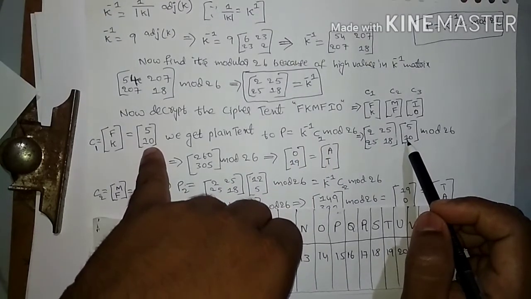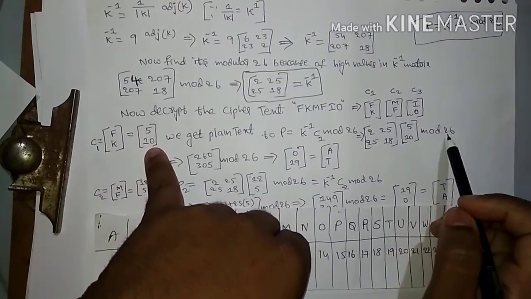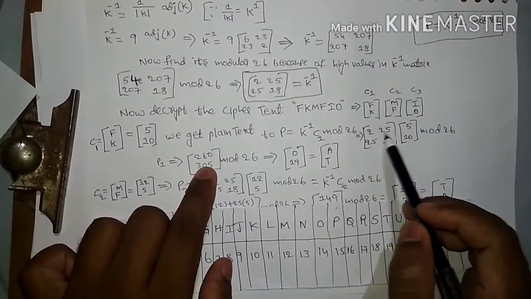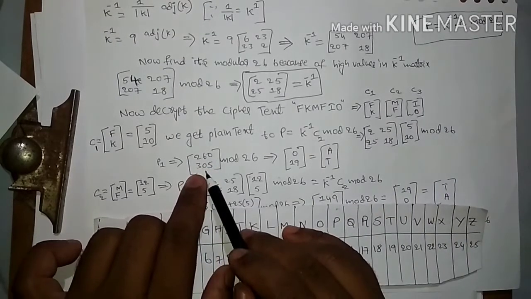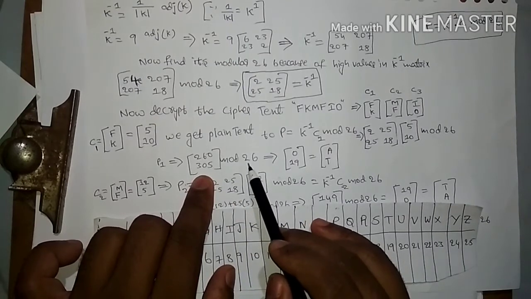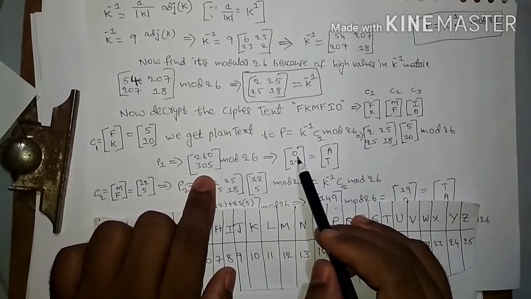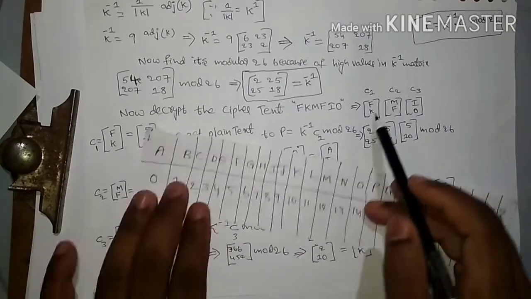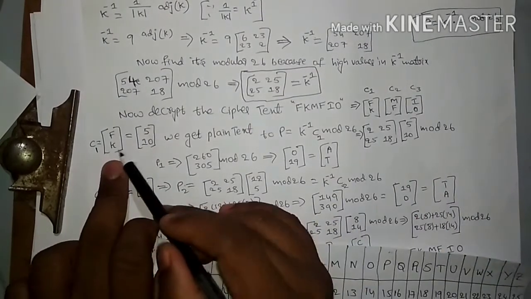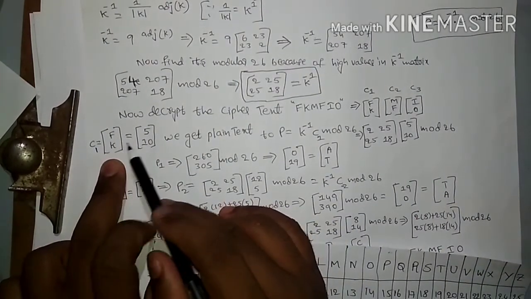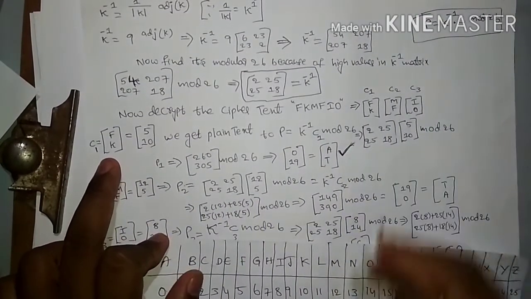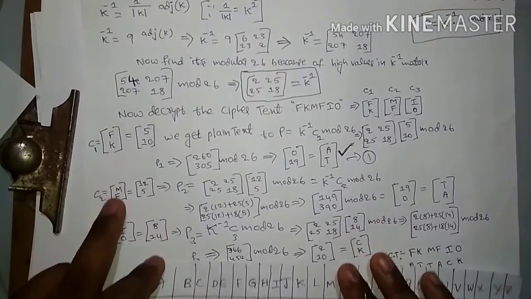We are taking F comma K as 5, 10. 2 into 5 plus 25 into 10 is 260. Next value is 305. 260, 305 mod 26 gives 0 and 19. So 0 is A, 19 is T: AT. For ciphertext 1, FK, after decryption we are getting AT.